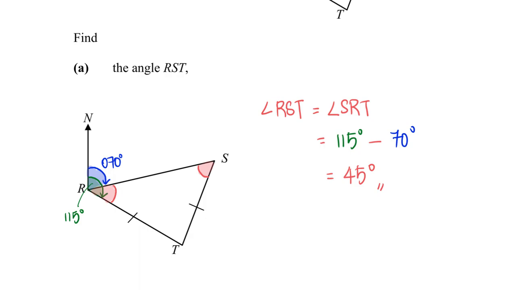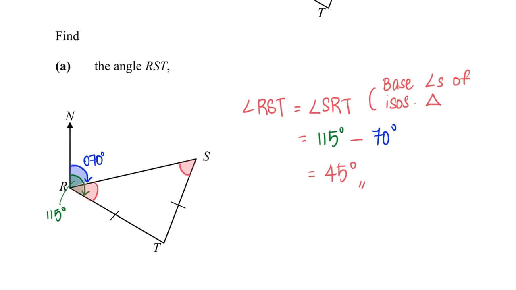Of course, you could also let people know that they are equal because they are base angles of an isosceles triangle. So now we know it is 45 degrees. And from here, we can actually see that this is actually 90 degrees later on.